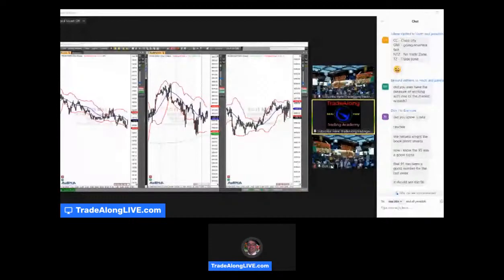All right, market again, just kind of slipping around all over the place here. The next support level we have is down at the 82 area.